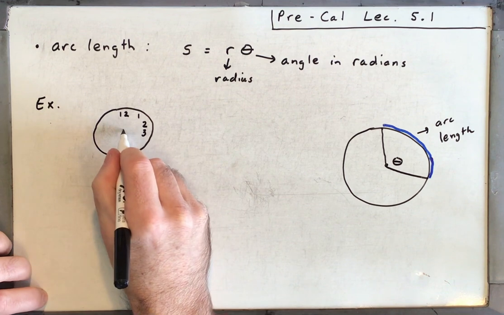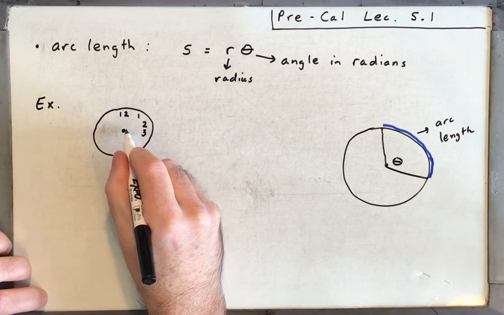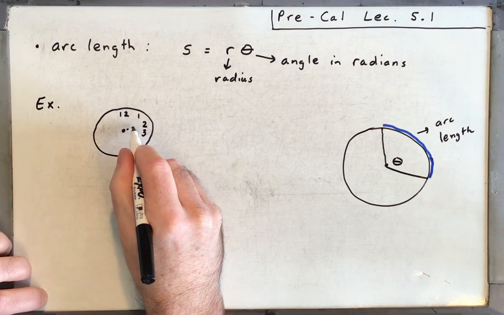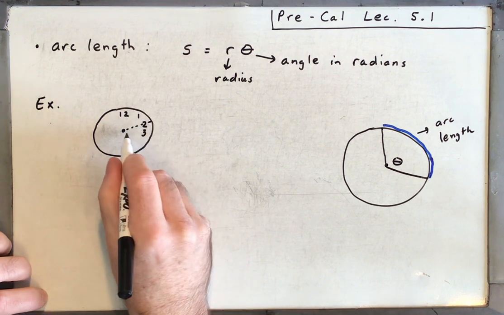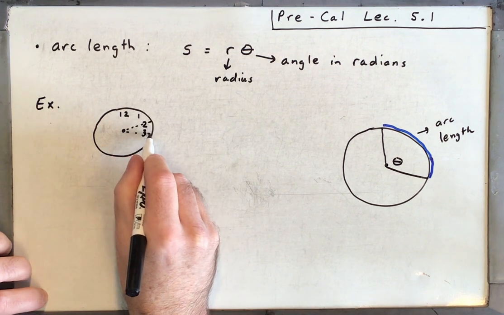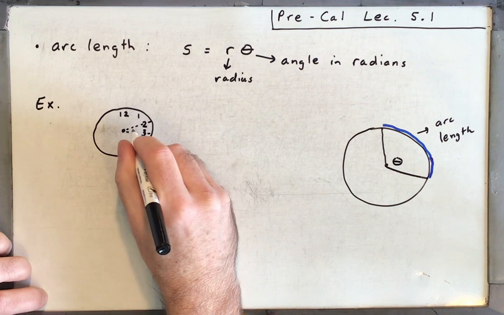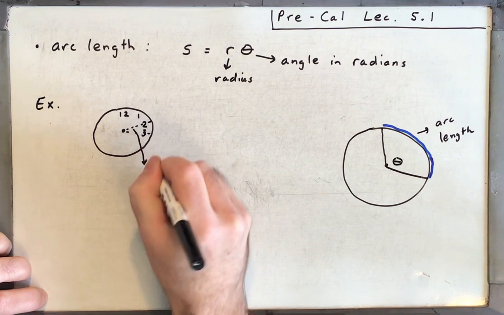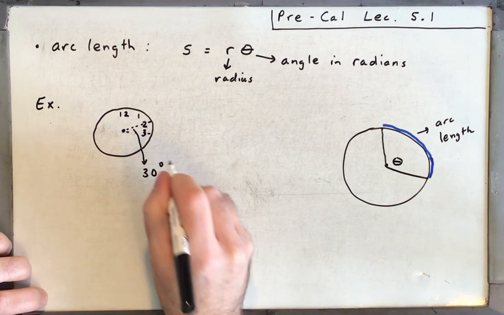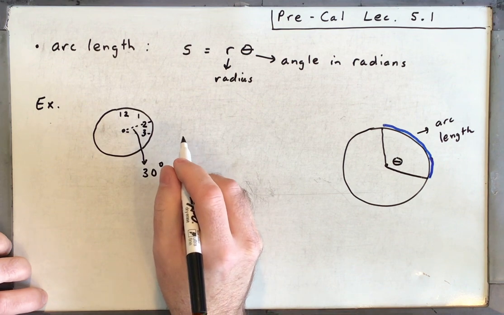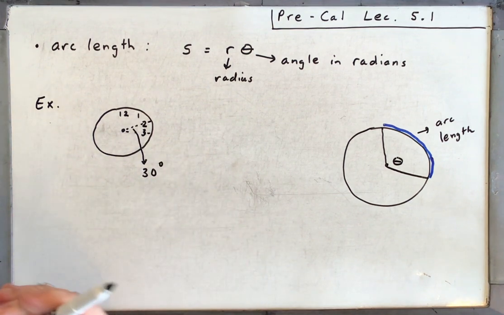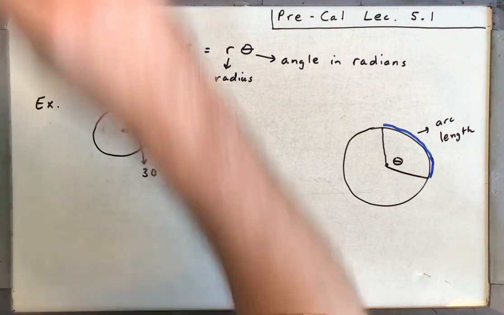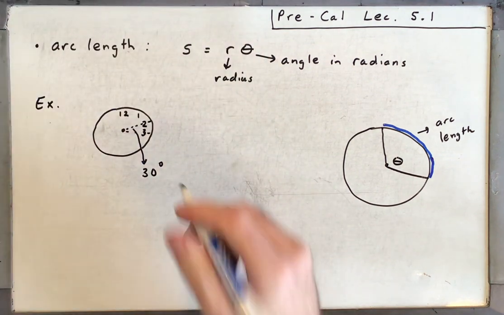That's probably enough. Here's the center of the clock, and what they're telling us is that the angle between the 2 and the 3 there, that angle is 30 degrees. Okay, so we want to know the arc length between the 2 and the 3.